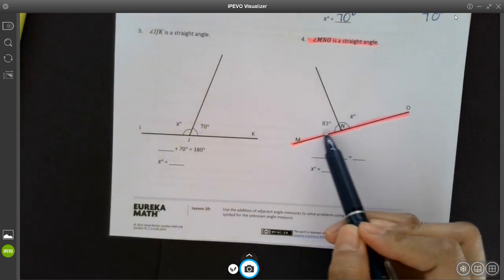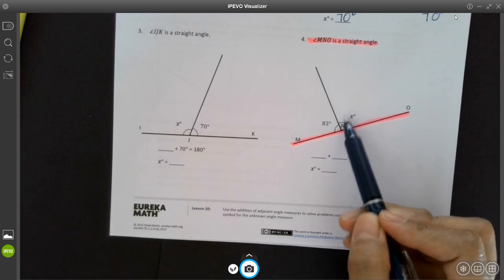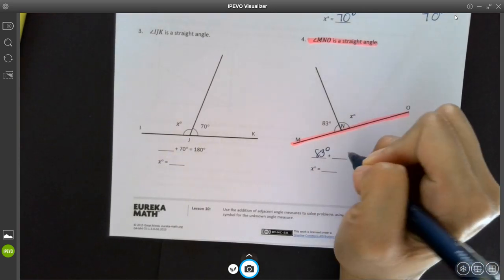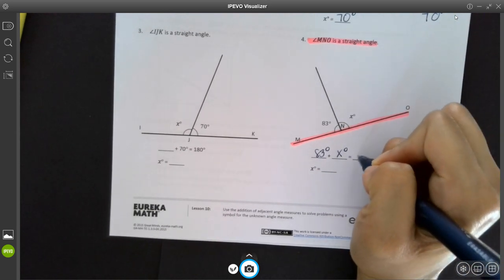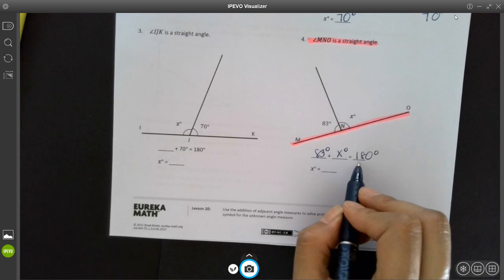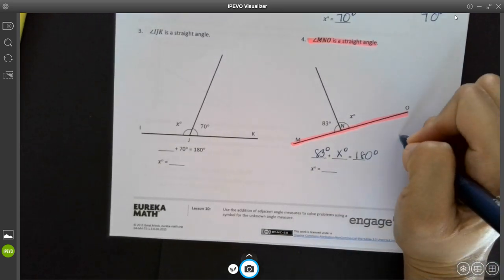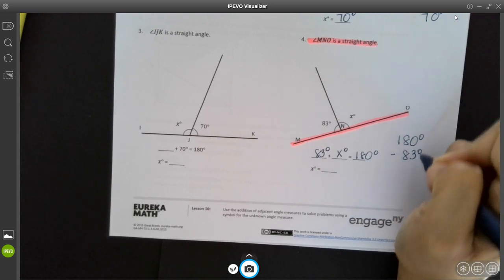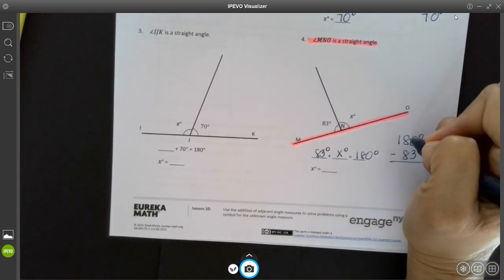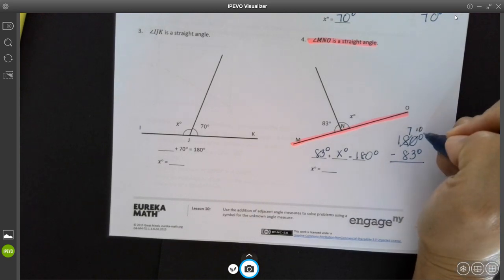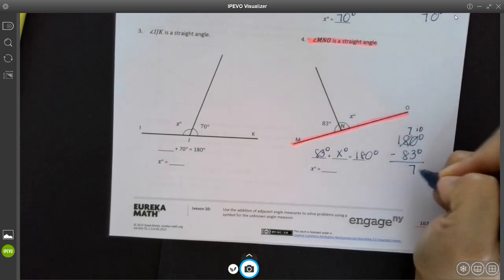I see that this angle here is 83. X shows me the missing angle. I'm going to write 83 degrees plus X degrees equals 180 degrees. And then I will subtract 83 from 180 to find my missing angle. Let's regroup here. Now I have 10 ones. 10 minus 3 is 7.